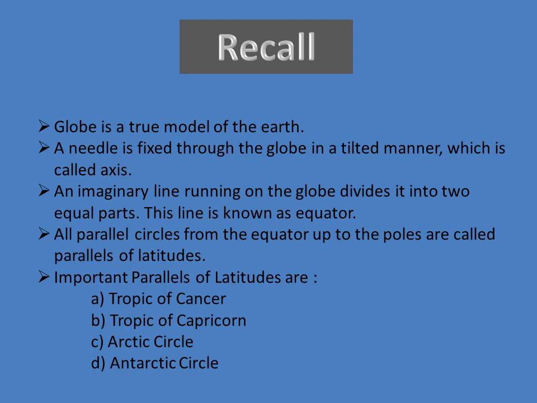This line is known as equator. All parallel circles from the equator up to the poles are called parallels of latitude. Important parallels of latitude are Tropic of Cancer, Tropic of Capricorn, Arctic Circle, and Antarctic Circle.